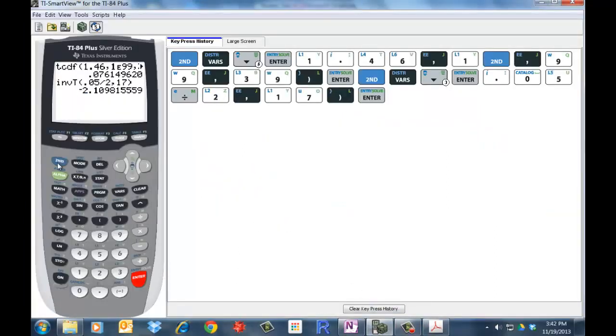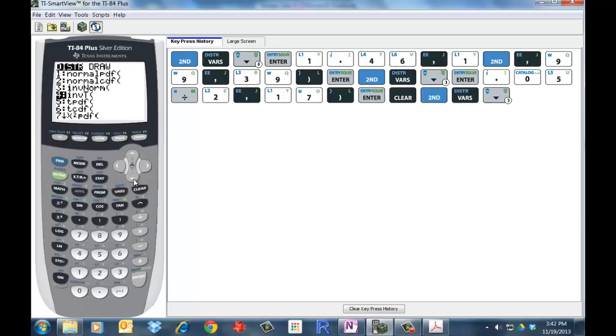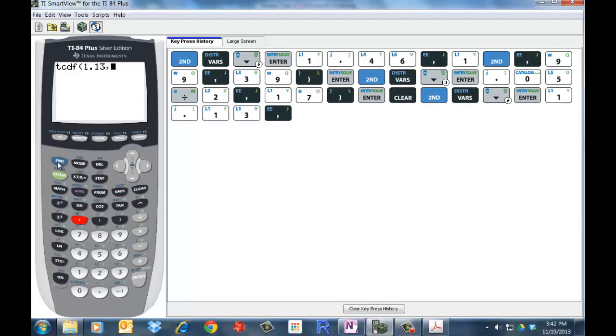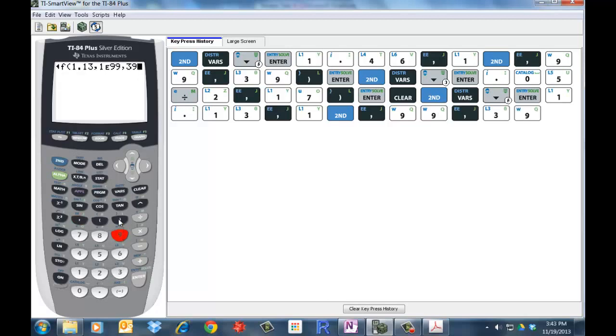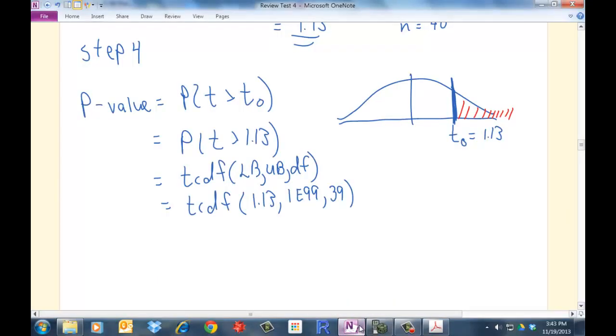So we're going to go to distribution, TCDF, lower bound is 1.13, upper bound is 1 times 10 to the 99, comma, degrees of freedom is 39, close, and paste. So the p-value is 0.1327.